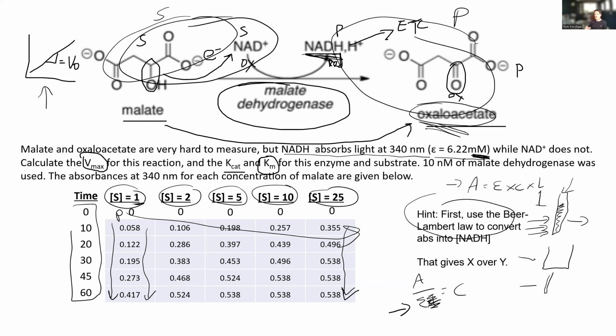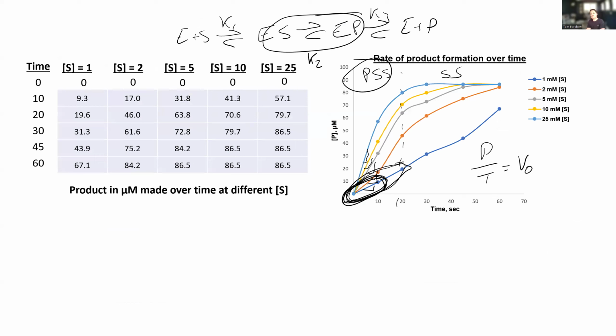Once you have the increase in product over time, you can look at that with different concentrations of substrate.